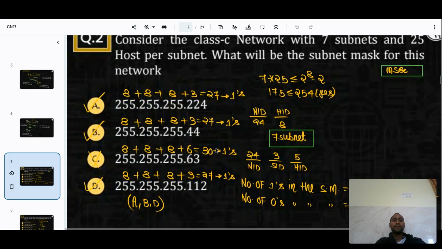But in the last one there are 6 bits, so that is 31, that is not possible. This option is wrong. Similarly you can find the other options.